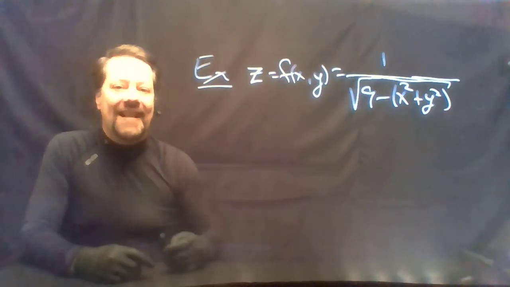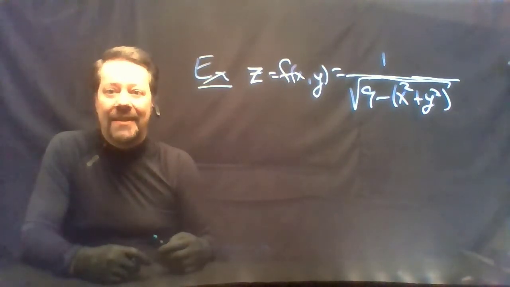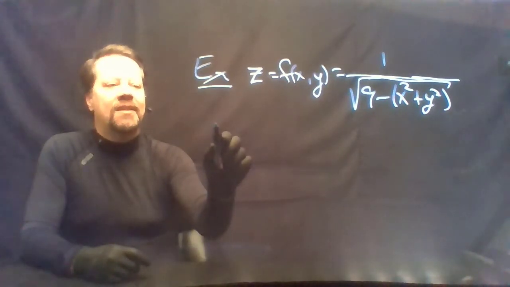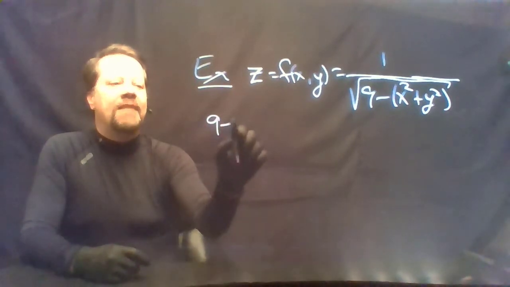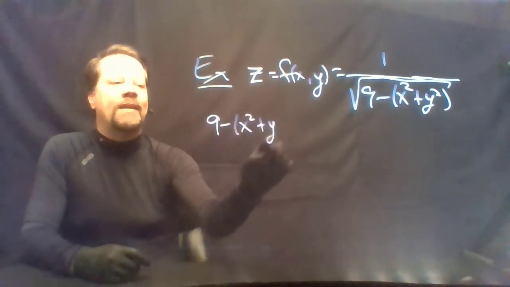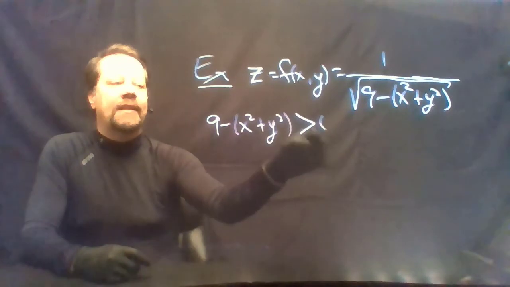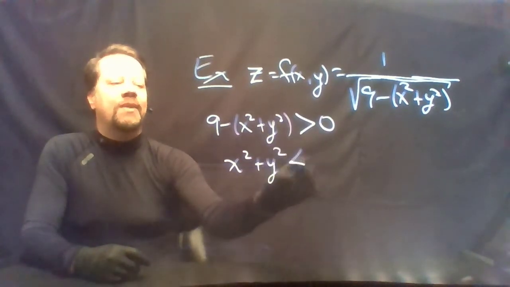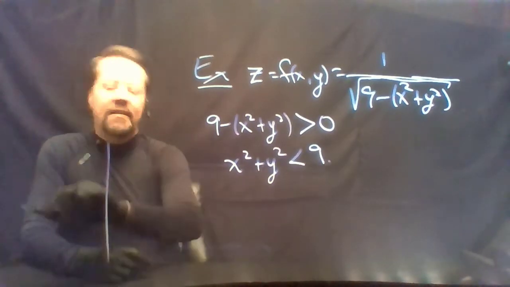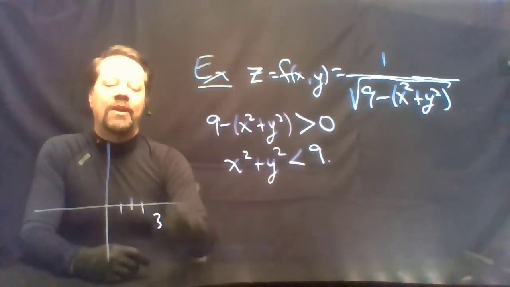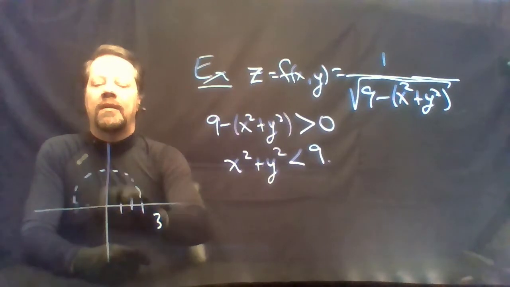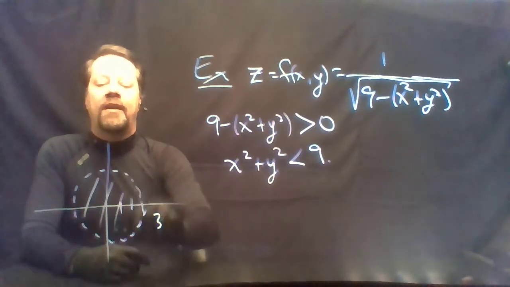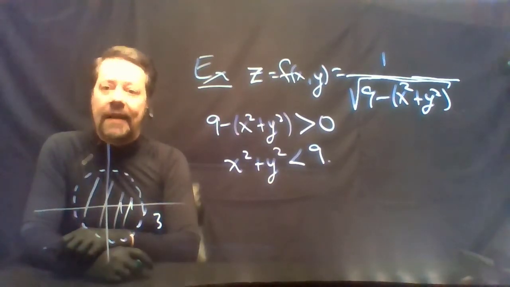Division has that nasty little problem. You can't divide by 0. So in this case, we have to be sure that 9 minus the quantity x squared plus y squared is strictly greater than 0, and hence x squared plus y squared is strictly less than 9. Now, what you end up with is the interior of the circle of radius 3, but not the boundary.